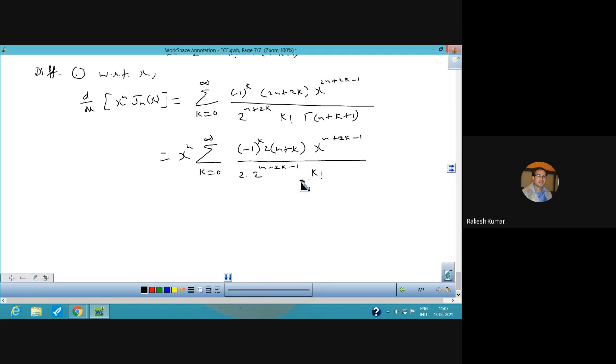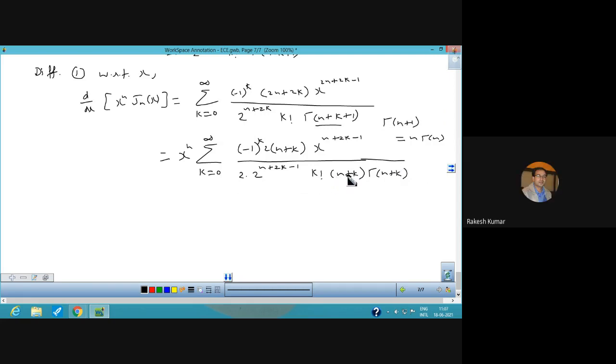So k factorial, and we know the formula of gamma: gamma(n+1) is n gamma(n). This is the formula we are going to use here. So that will be (n plus k) gamma(n plus k).